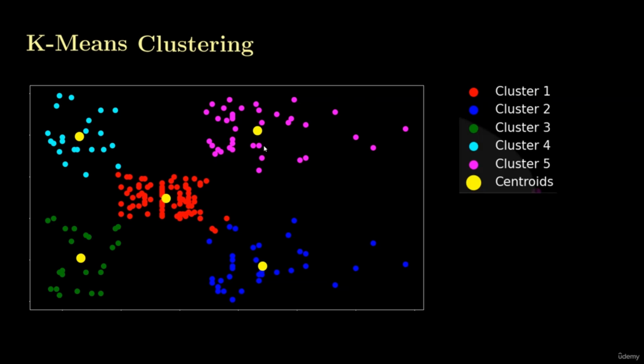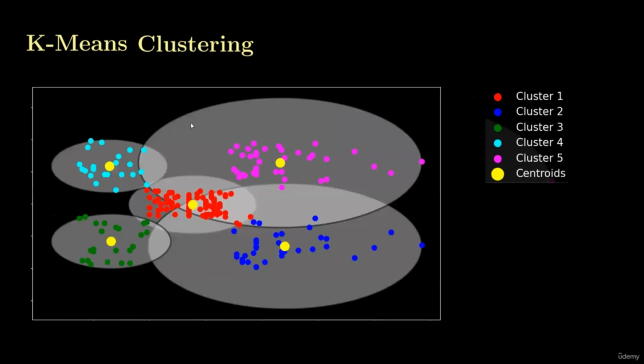This problem is more obvious if we draw the shape of the cluster around the centroid. If you see, these two clusters, cluster 5 and cluster 2, are very large. The reason is that there are points in both these clusters which are far away from the centroid.